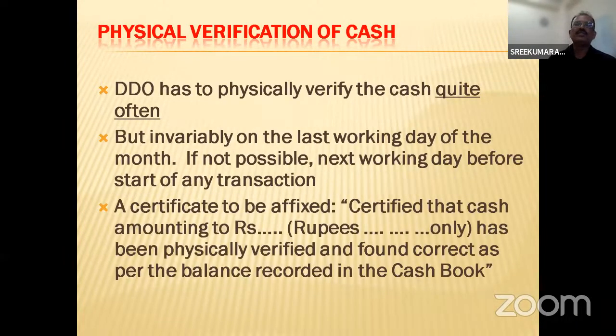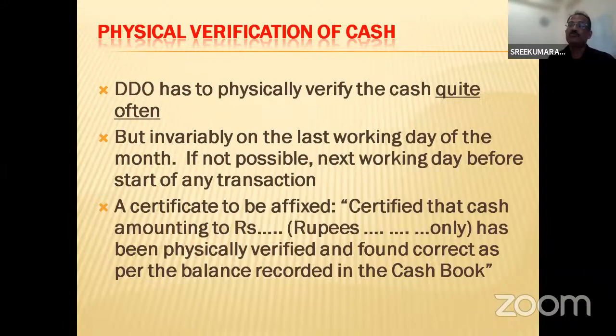This is actually physical verification of cash. It is one of the primary duties of the DDO. He or she has to physically verify the cash quite often. Physical verification of cash means daily you will be closing the subsidiary cash book. There is a closing balance, and this closing balance and the cash balance available in the cash chest have to be the same.